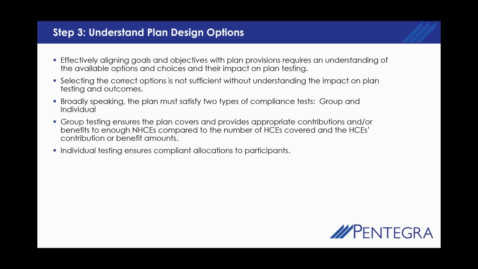There will be discrimination testing between the highly compensated and the non-highly compensated to make sure we're not harming those non-highly compensated employees. So that all happens on a plan level basis. And then, of course, on the individual level, we have individual limitations on benefits and how much someone can have or how much someone can put away. And so that testing gets done on the individual level.